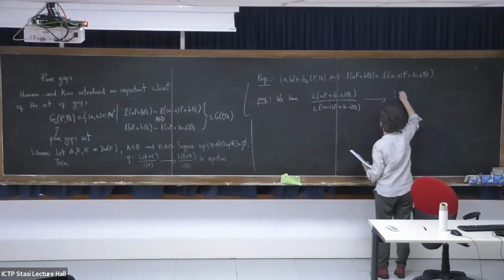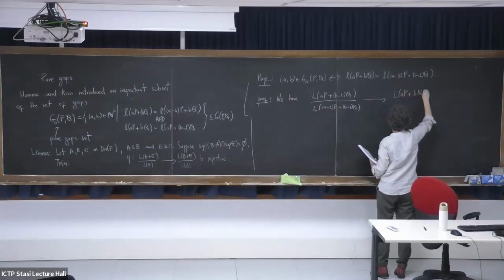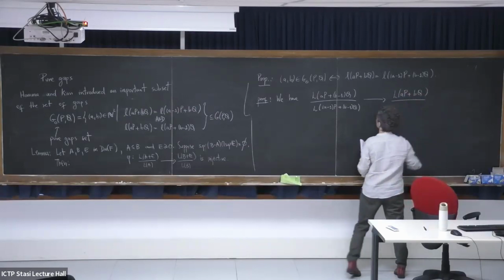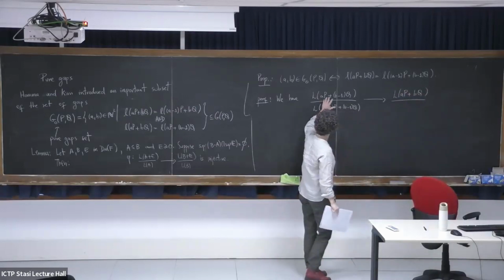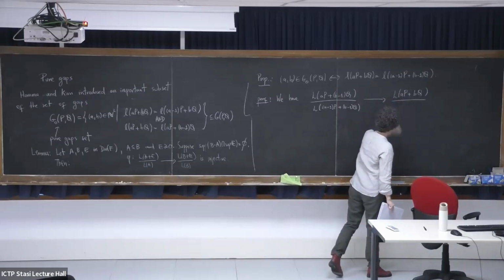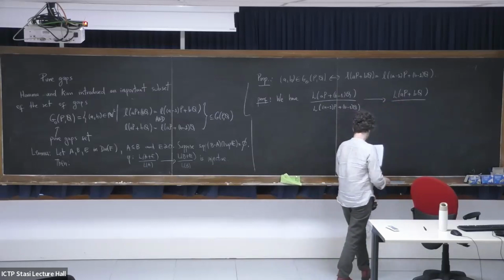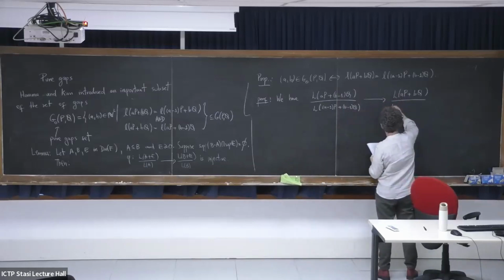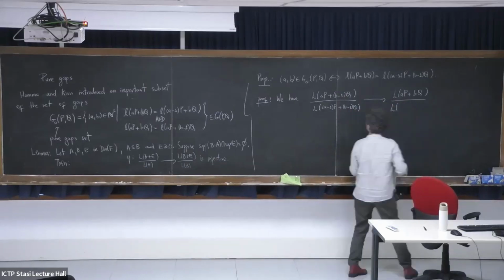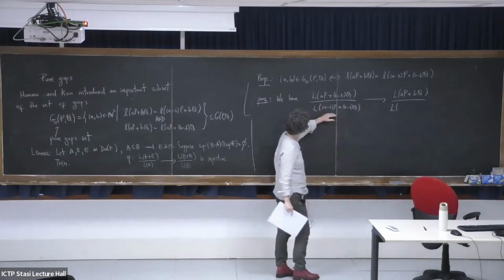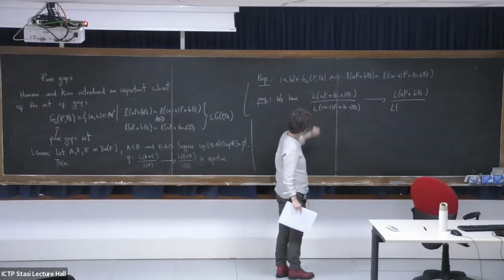And here we just put AP plus PQ. So you see, well, this guy is certainly smaller than this guy. And well, how do I go from here to there? I have to add P.